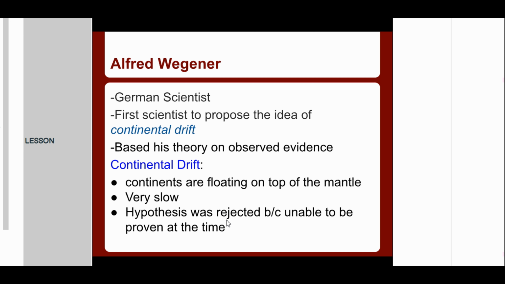People didn't really give him much credence. They didn't really believe it at the time because they were not able to prove it. It is now the accepted theory of plate tectonics. And it is the continents floating on top of the mantle very, very slowly, constantly in motion.